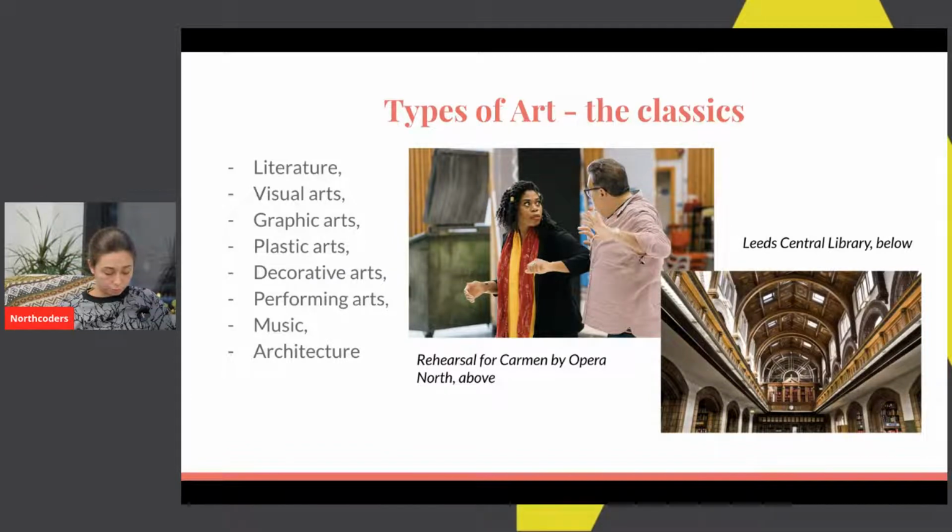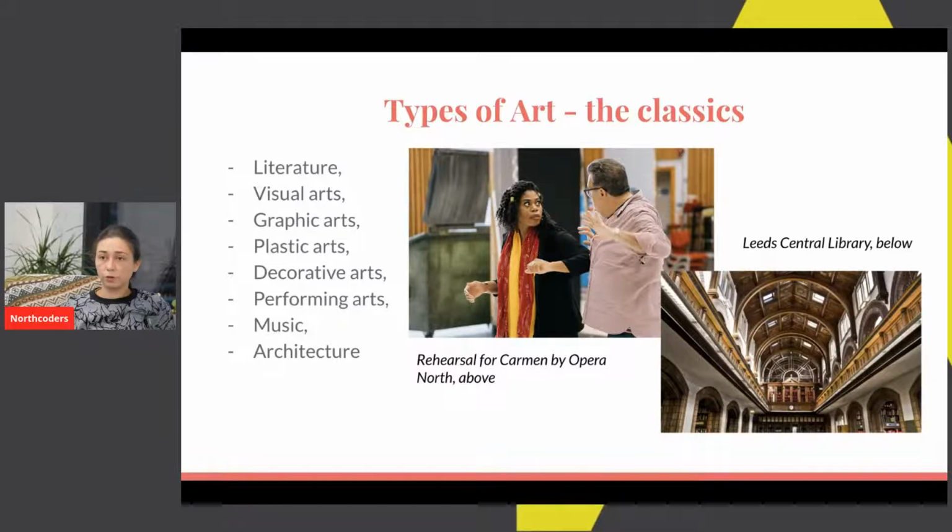For example, Encyclopedia Britannica says that there are 8, but some other sources say that there's 7, even 10, and so on. These are some of the ones which I've listed on this slide, which have been agreed for most of them, and I want to highlight how graphic arts has now been defined as its own right, not only as a subsection of visual art. So that was quite interesting for me.